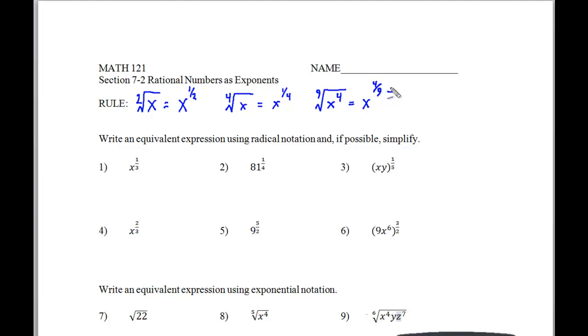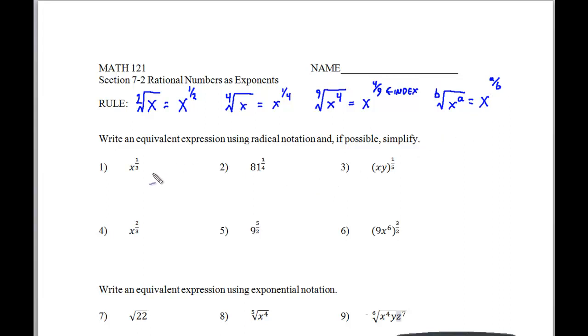So our denominator is going to be the index, and our numerator is going to be the power assigned to the variable. So if you want to see this in general terms, if we have the bth root of x to the a, this will give you x to the a over b power.